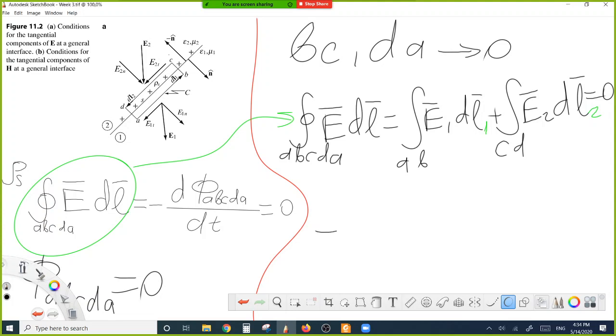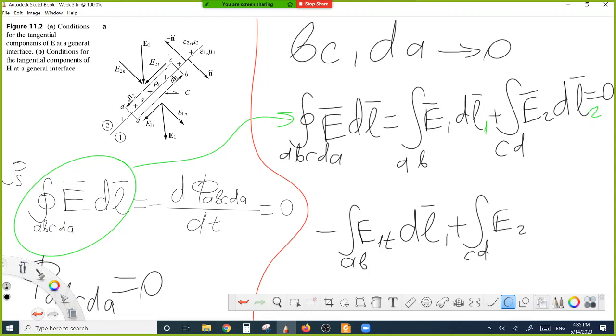What we have now is minus E1T dl1, from A to B, plus from C to D, E2T, the tangential component of the second electric field intensity, times dl2, which is 0.